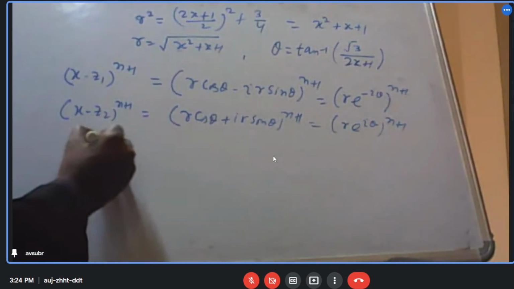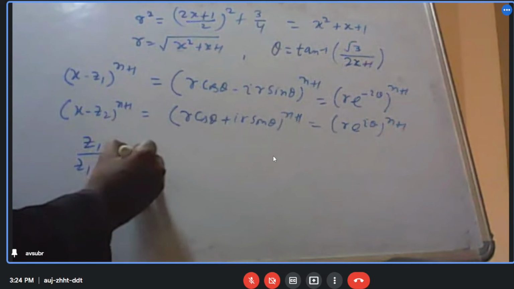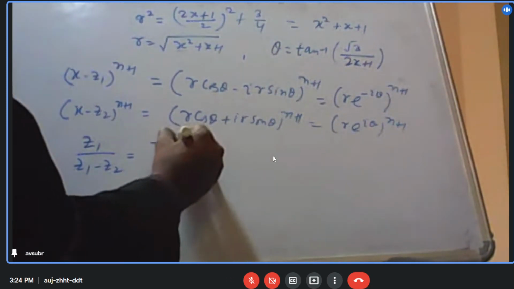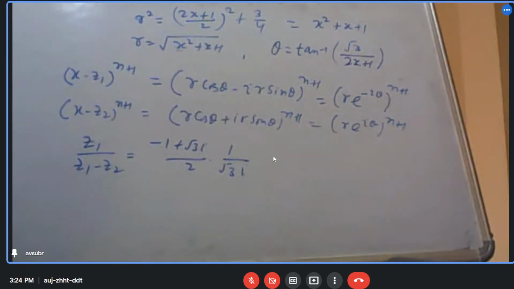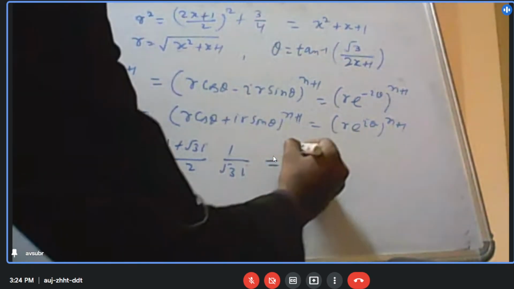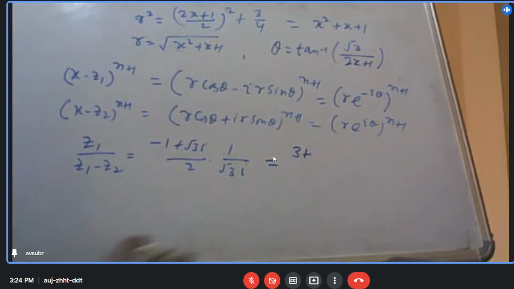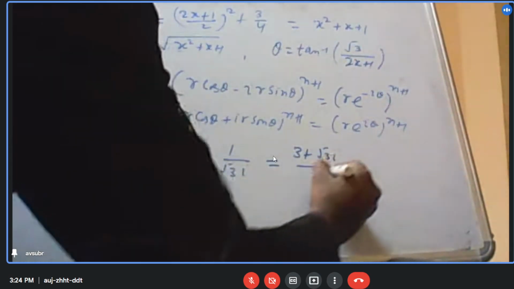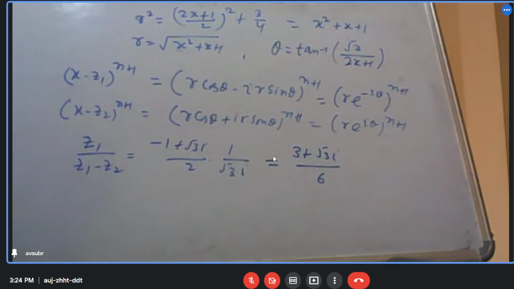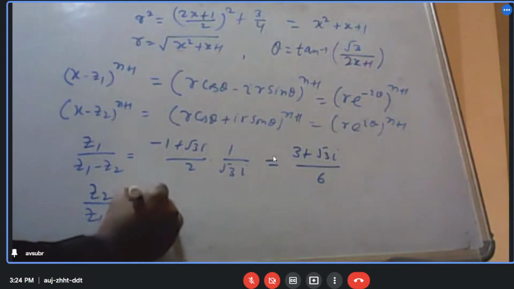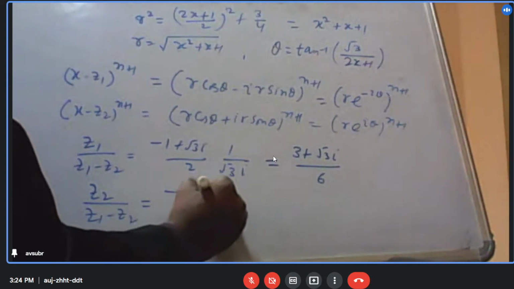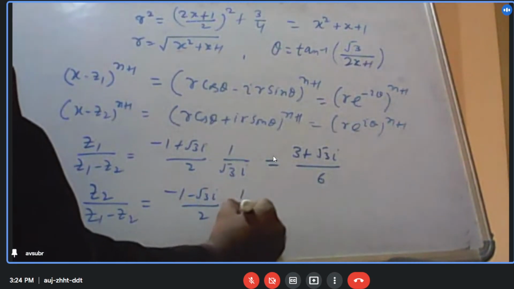Now z1 by z1 minus z2 will be equal to what? Minus 1 plus root 3 i by 2 into 1 by root 3 i. Okay? Upon solving I'll get 3 plus root 3 i by 6. Similarly, z2 by z1 minus z2 is minus 1 minus root 3 i by 2 into 1 by root 3 i.